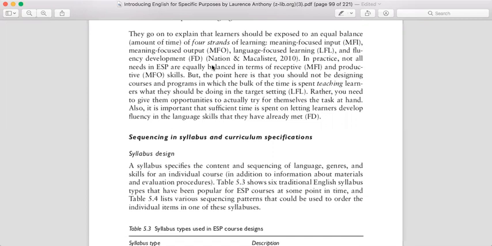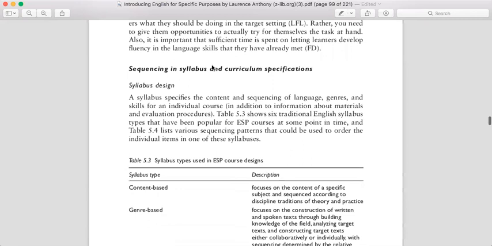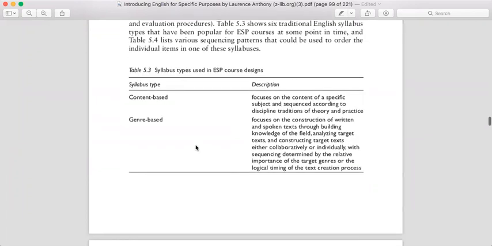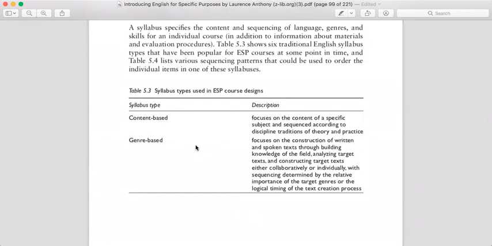You would see that there was a task-based method and there is a task-based syllabus also. One of the many syllabuses is content-based, which is very important in ESP. Content-based syllabuses are those in which English is taught through other subjects, the content of other subjects.